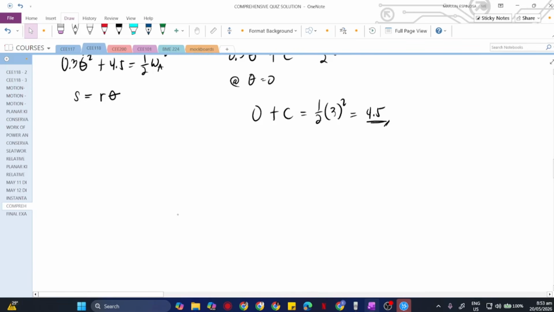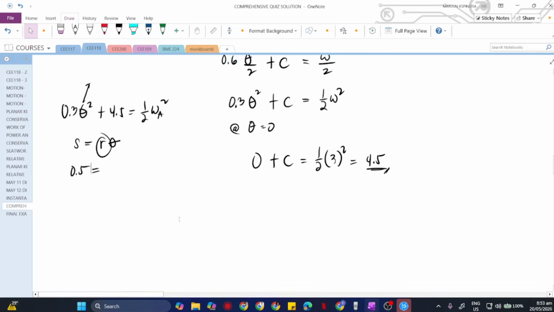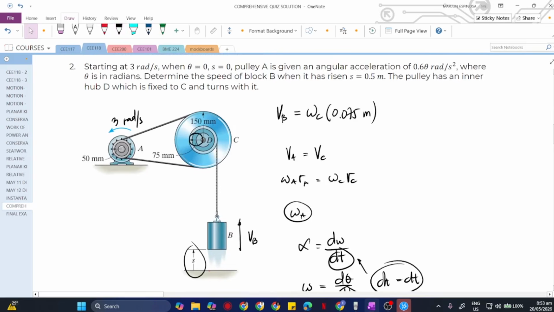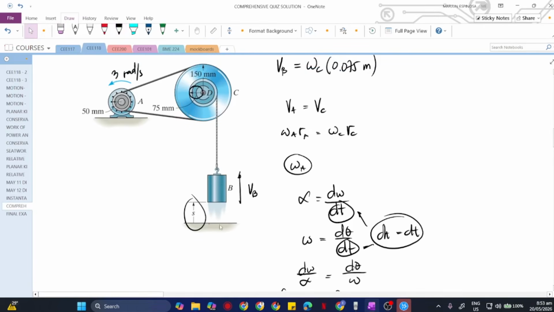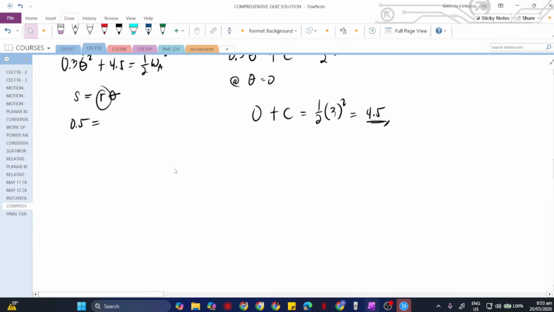Since S is given na 0.5 meters, so anong gagamitin natin na R dito? Gagamitin natin ng R dyan is yung R ng ating hub D. Okay? So, since yung S natin, yung block na nag-move is proportional to or associated with the hub ng D. So, itong R na to is gagamitin natin ng 0.0075 na meter.